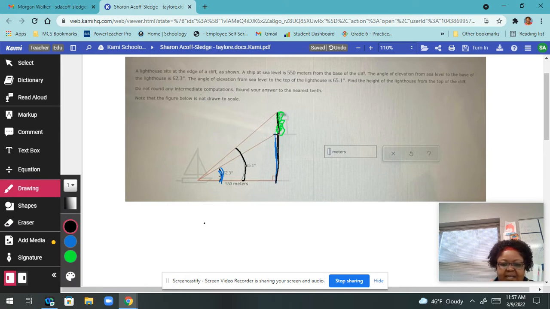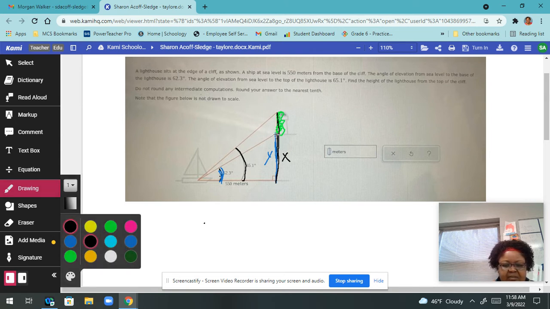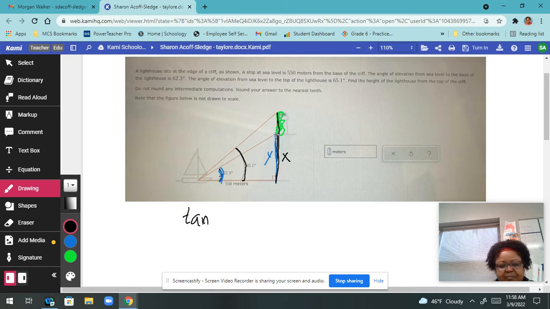So the tangent, we'll call the black one X, and we'll call the blue one Y. So the tangent of 65.1 equals opposite, which is this long thing here, X, over adjacent, which is 550 meters.